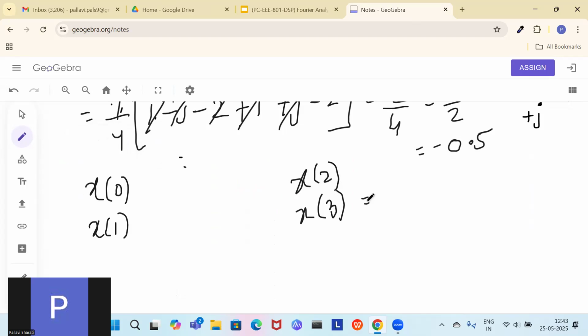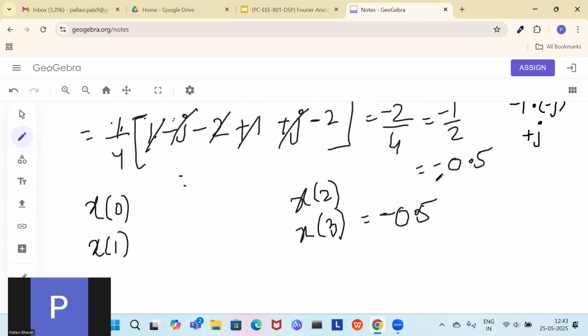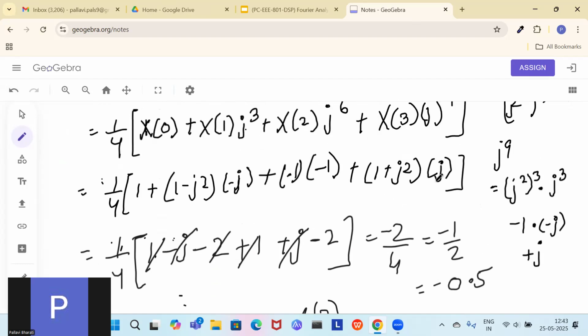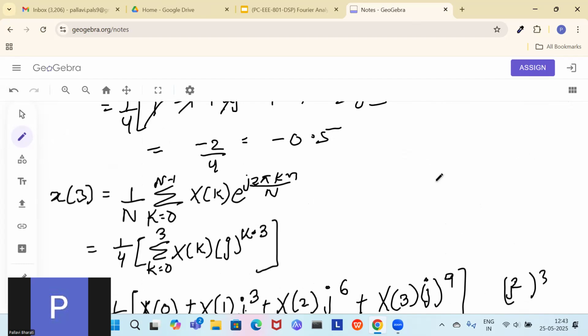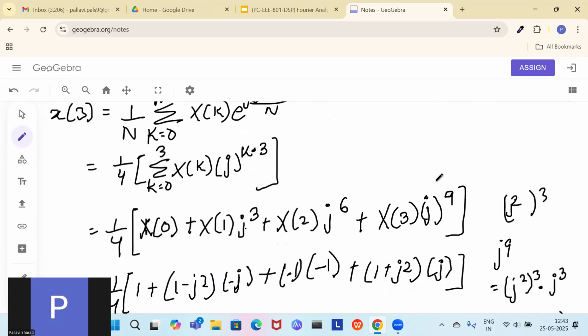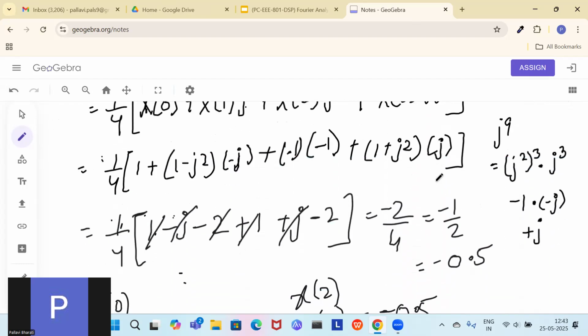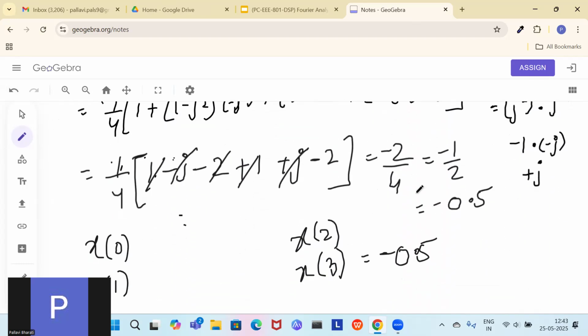So x of 3 from here I'm writing as minus 0.5. Let us search for x2. The X2 value given here is minus 0.5 again. So this x2 is also minus 0.5.